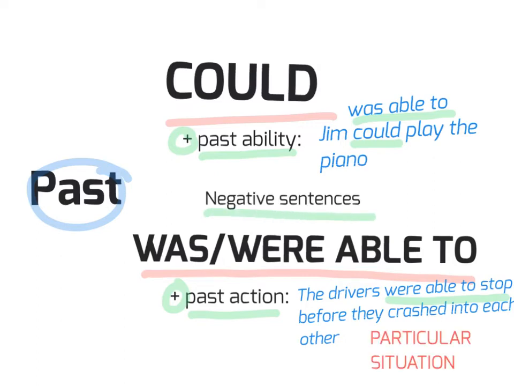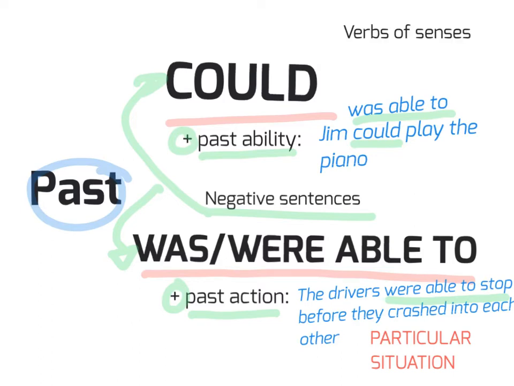In negative sentences, we can use either could or was or were able to. There's no difference in meaning. We could say, for example, the pool was closed, so they couldn't have a swim, or they weren't able to have a swim.